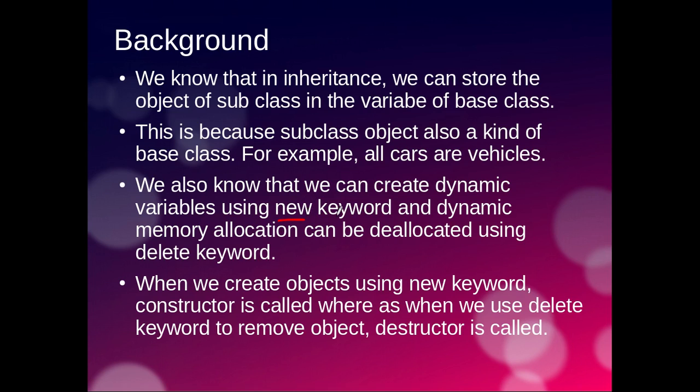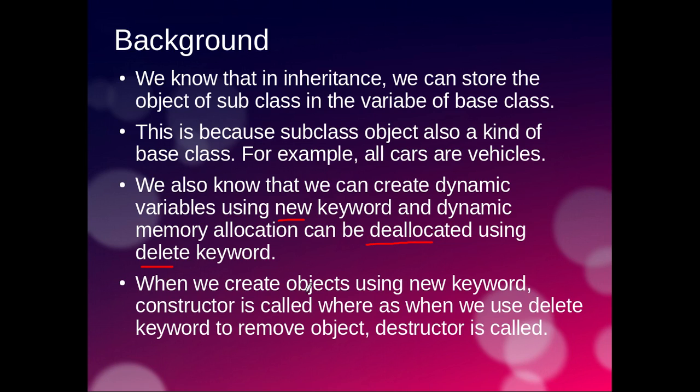Using the new keyword we can allocate memory, and dynamically allocated memory can be deallocated using the delete keyword. These are the two important keywords, new and delete, that are helpful for allocating memory dynamically.